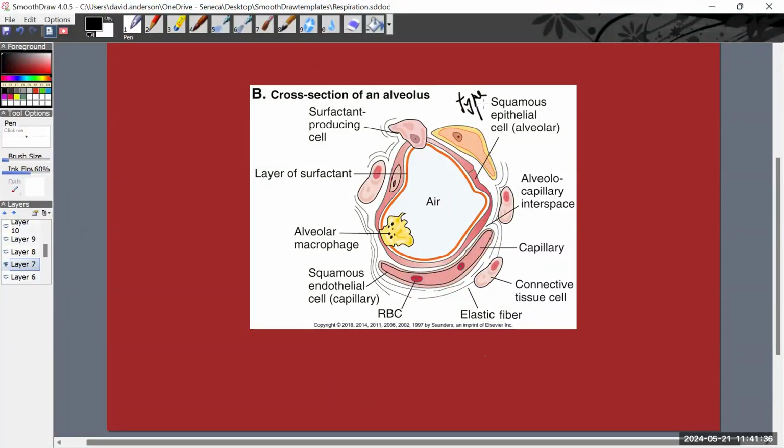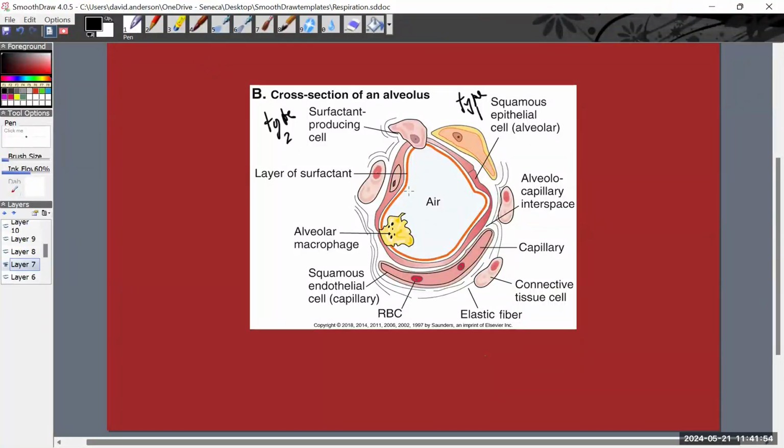So our epithelial cell is our type 1 cell, and the cell that's going to be producing surfactant is our type 2 cell. So here's our type 2 cell being depicted in this picture here. So it's the one that's going to produce surfactant. The surfactant is this orangey line.